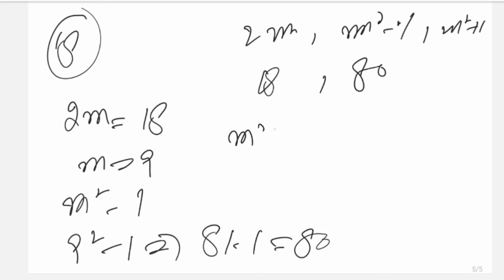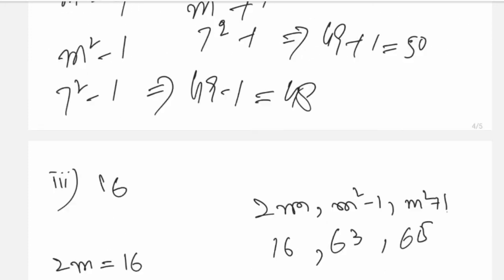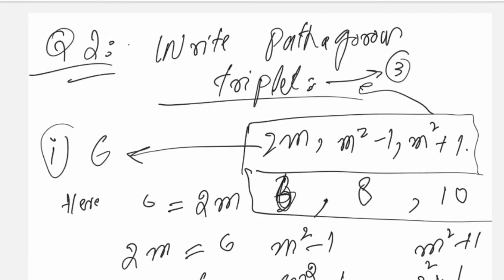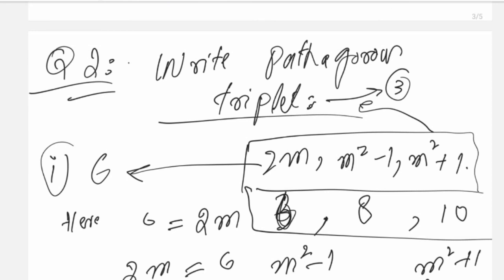So m square plus 1 is 9 square plus 1, that will be equal to 81 plus 1, that will be equal to 82. So this is the Pythagoras triplet, and that's how we solve the Pythagoras triplet.